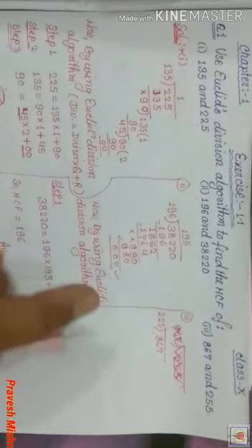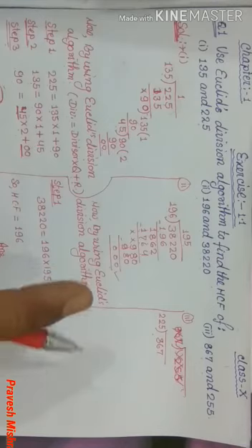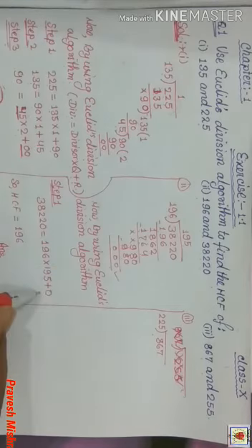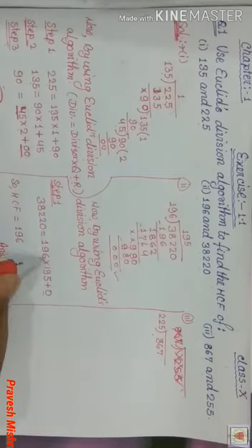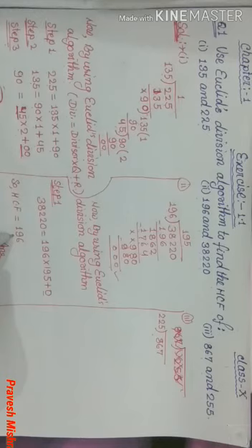In this case, in the first step you get 0 as a remainder. That's why your answer will be 196. It means 196 will be your HCF.